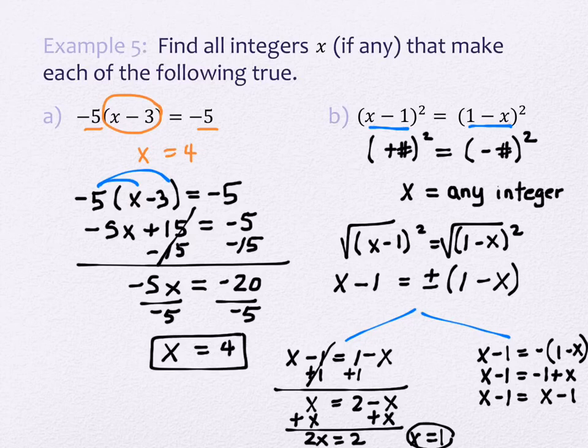If it's the exact same thing on both sides, then x could be any number and make it true. So here's where we get that x is an integer. We'll write it that way. So do I really need to write x equals 1 and x is an integer? Well, no, because 1 is an integer, so we're good leaving out that specific example because this takes care of both cases.